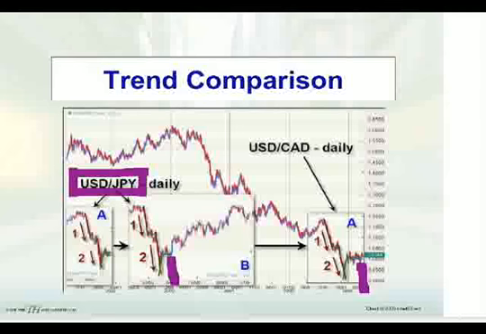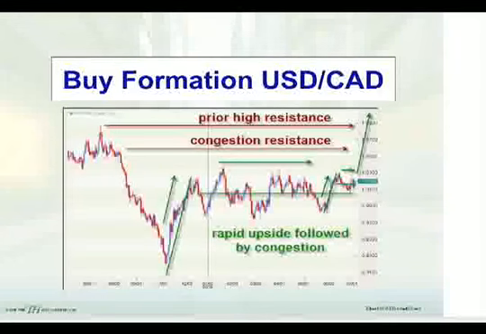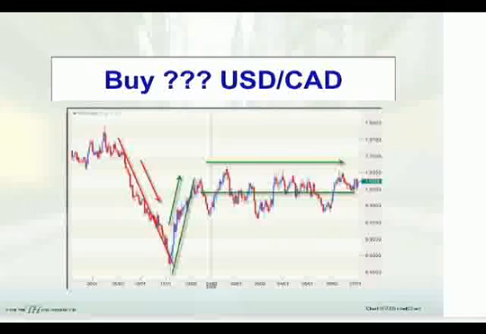We had a number of legs of downside, and we had this two-wave drop on this daily time frame, and that congestion zone just coming up off of that low. So we had the same price development, which then suggested that the USD CAD would have a very high probability of breaking higher.